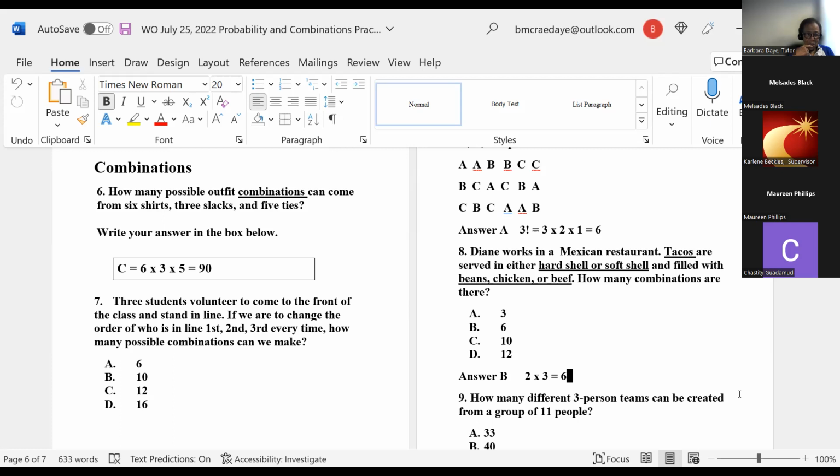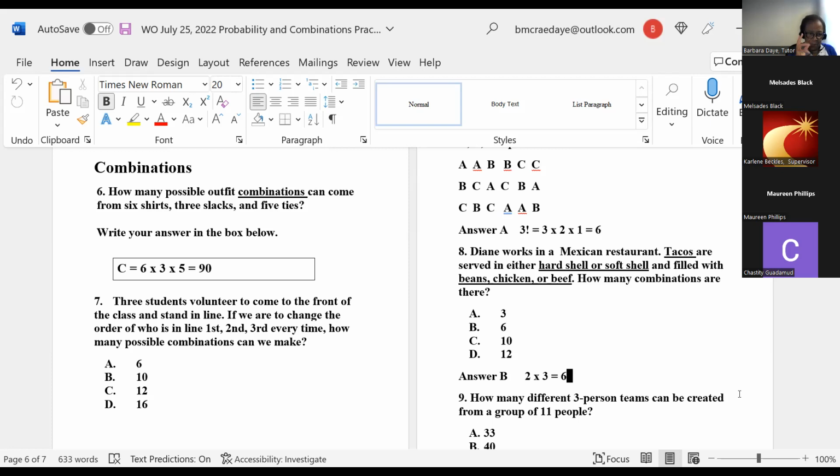So how did you get the 12? I looked at it like the 3 different fillings. I said I'm gonna do the filling 3 times: 3 beans, 3 chicken, 3 beef. Oh, you didn't take the taco as being a shell and the filling.